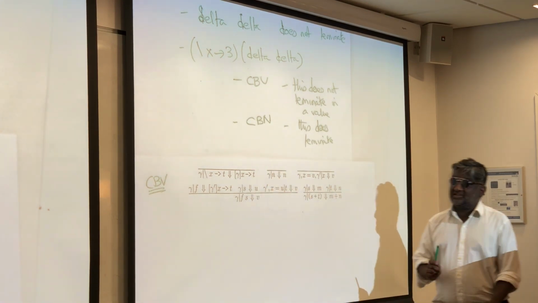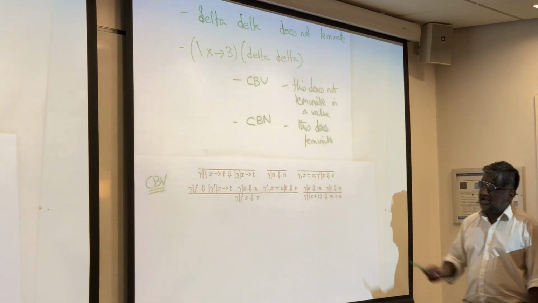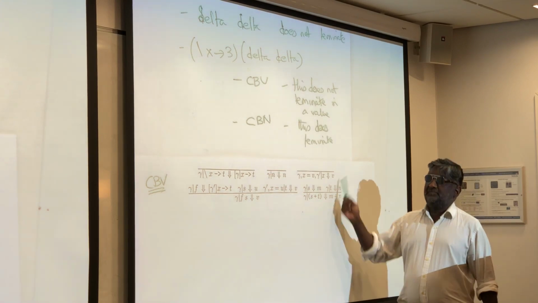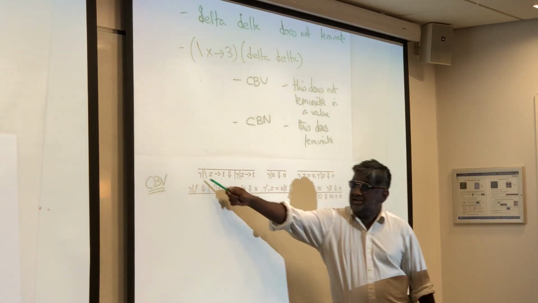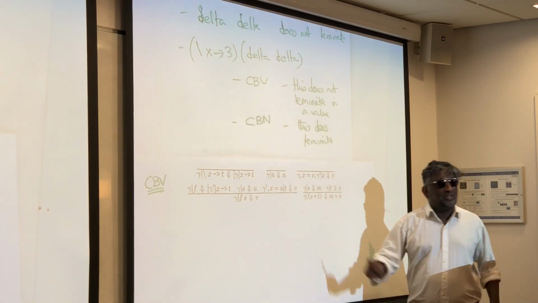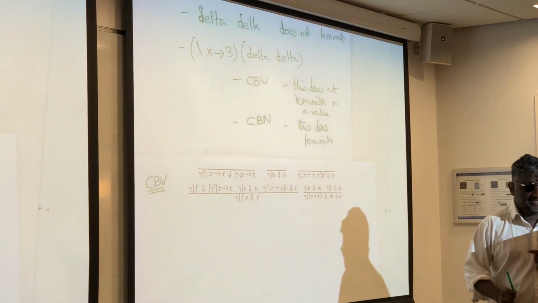So the question for this lecture, or the question we're going to do now, is think about what happens if we want to avoid substitution. So we want to use environments, but we want to use a call by name semantics.